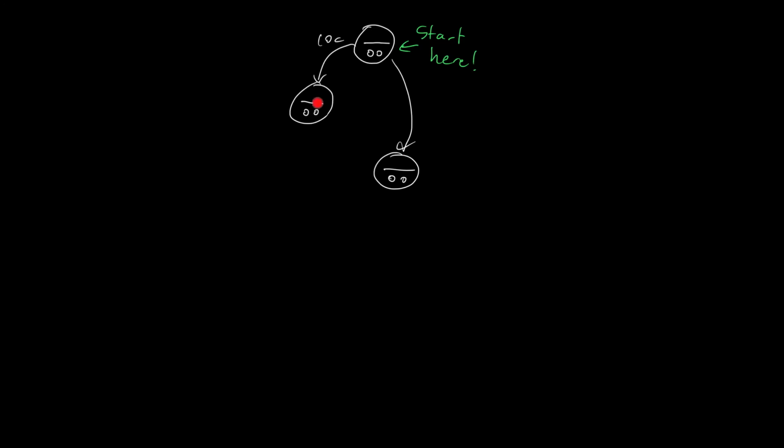So that's not good. I need to know the difference between 10 cents being deposited and 20 cents being deposited. Therefore, I need two separate states. So even though the output is the same, this state means only 10 cents has been deposited. This state means 20 cents has been deposited.